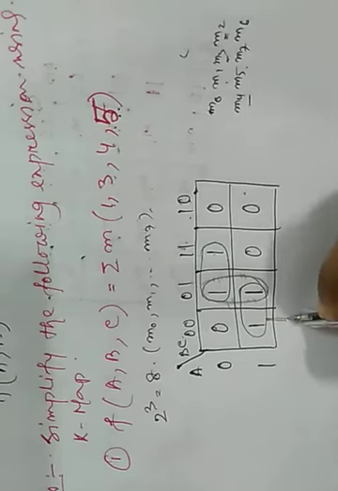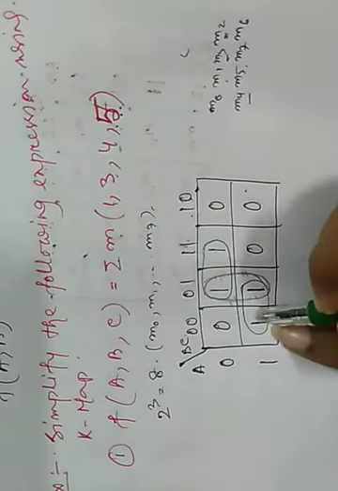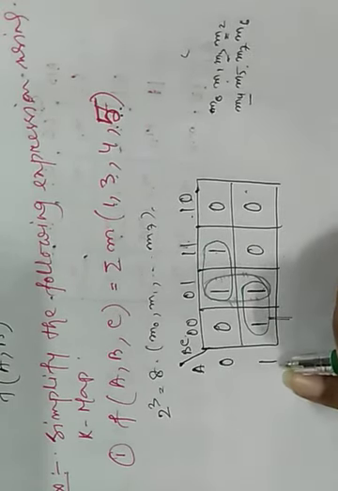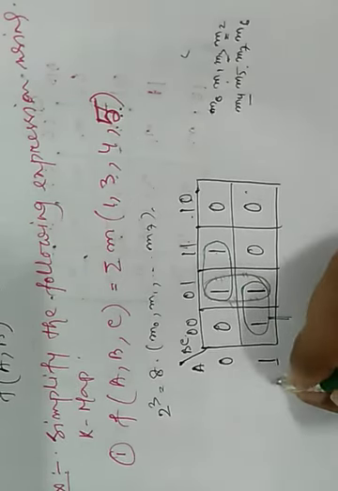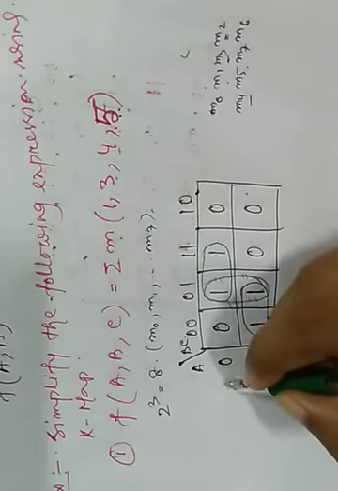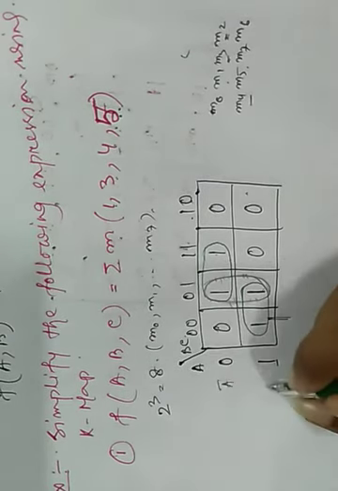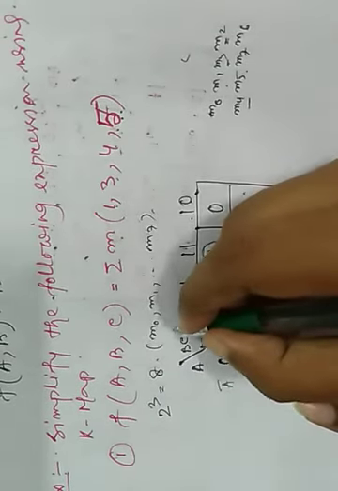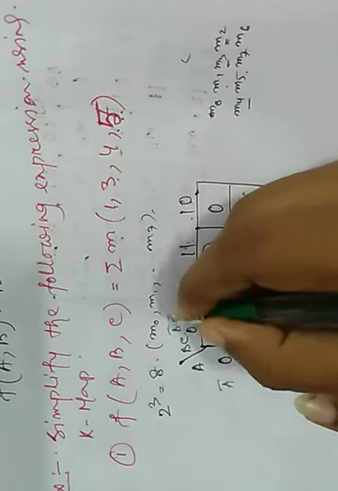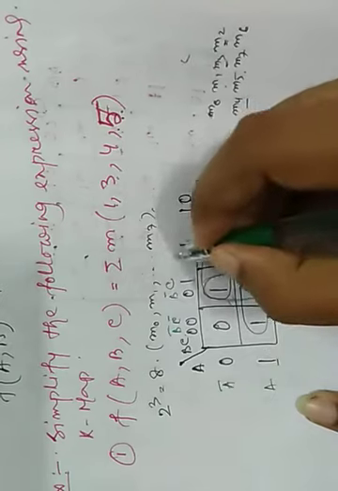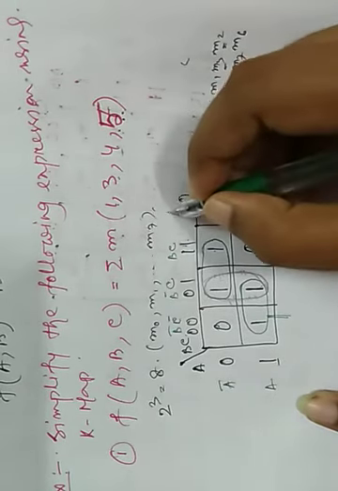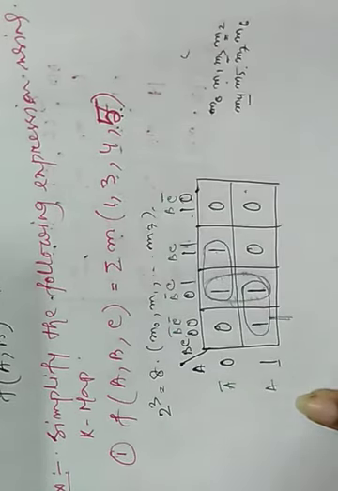So for this circle, for the horizontal value we have A, because this is A value, and the other is A bar. And these are B bar C bar, B bar C, B C, B C bar.